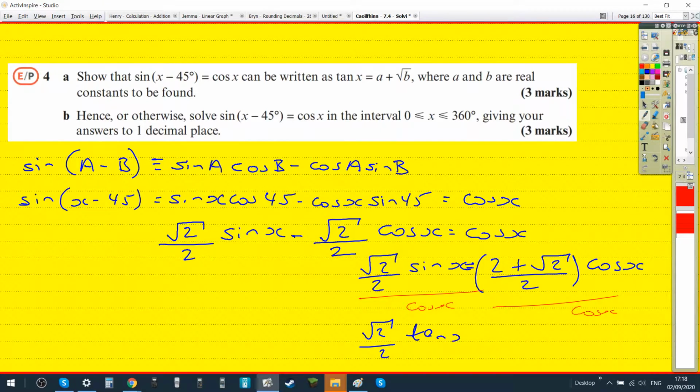Yep. And then would you divide both sides by root 2 over 2? Yep. Okay.